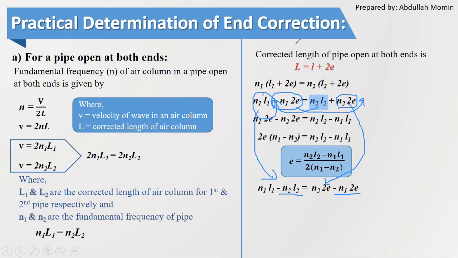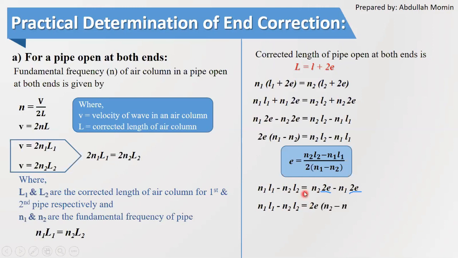So now what we are getting here, N1 L1 minus N2 L2 is equal to N2 into 2E minus N1 into 2E. Now 2E is common in both the terms of the right hand side of this equation. So we will take this outside the bracket, and what we will get, N1 L1 minus N2 L2 as it is, 2E taken outside the bracket, and N2 minus N1.